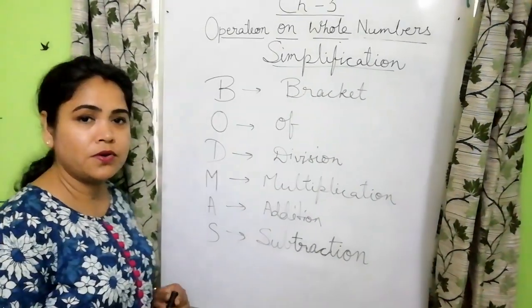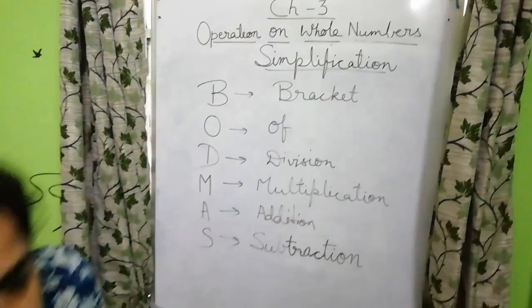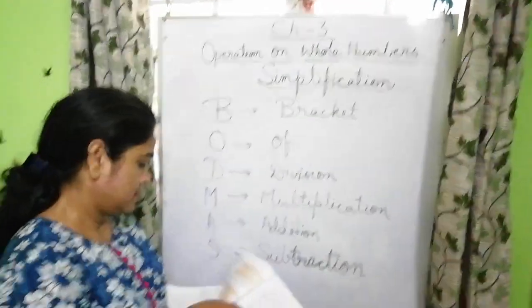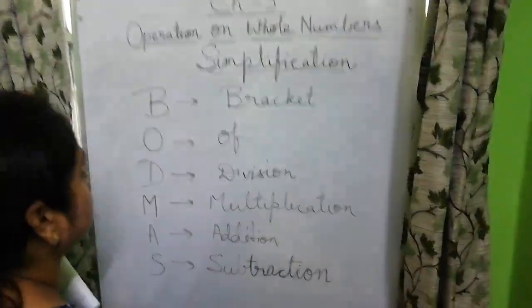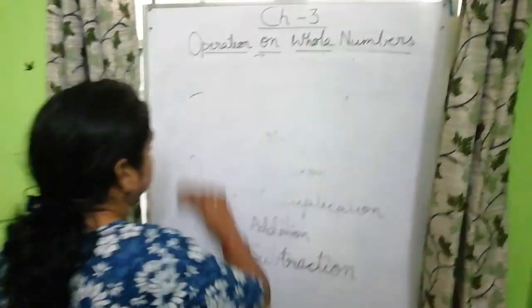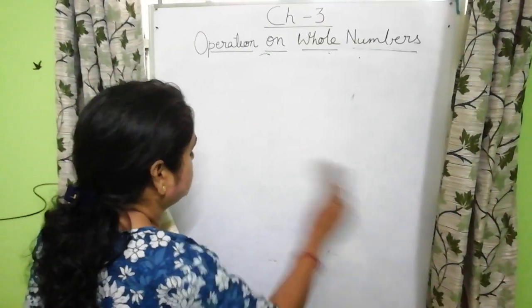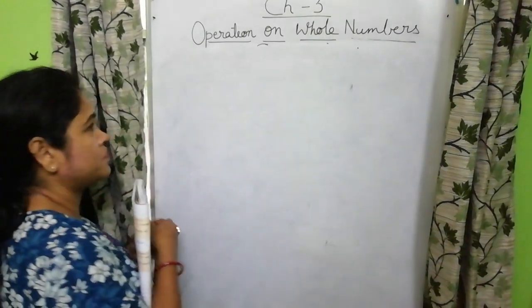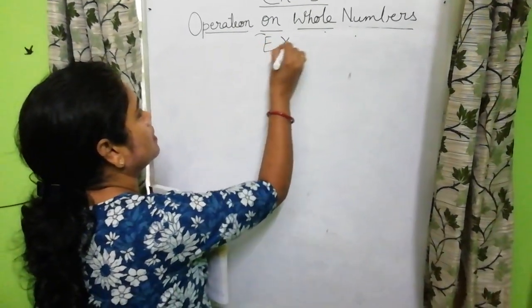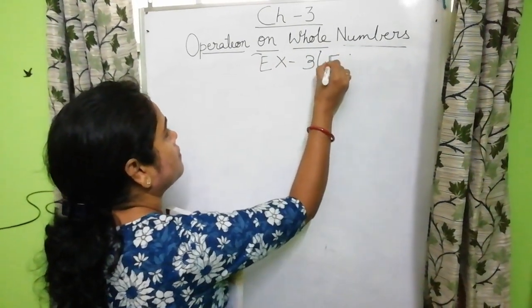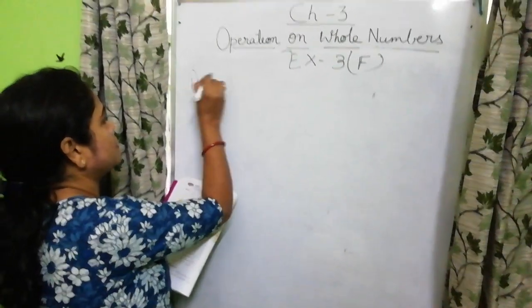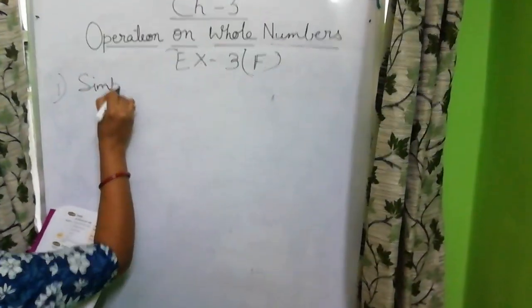So I am giving you few questions and let's solve the questions. So my question is, first exercise 3F, I am giving you the question. One question I am giving from exercise 3F. And the question is simplify. First question is simplify.